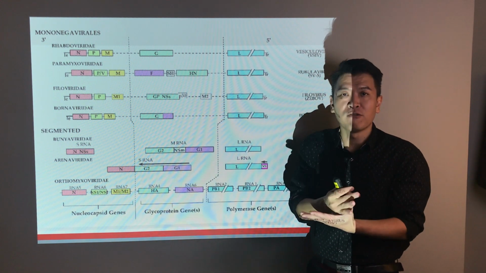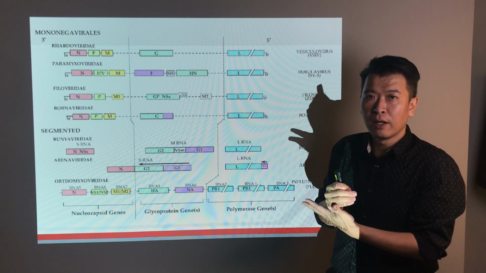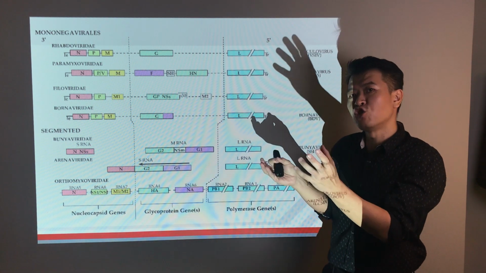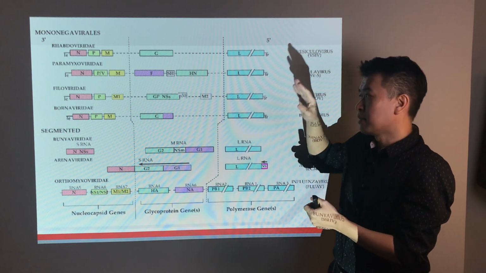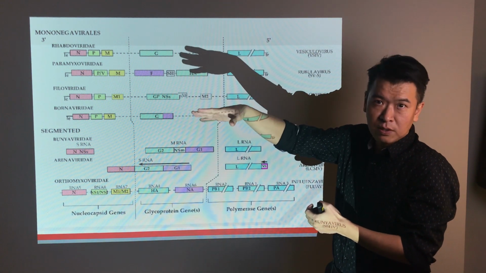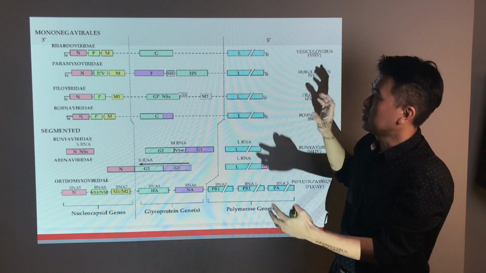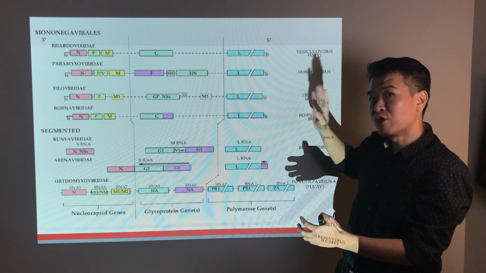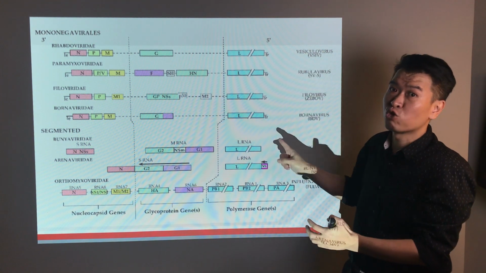For example, poliovirus. If you remember, the poliovirus genome is separated into P1, P2, and P3. P1 is the capsid, and P2 and P3 are non-structural proteins. P3 has 3A, 3B, 3C, and 3D, and the polymerase is the last one, which is 3D.